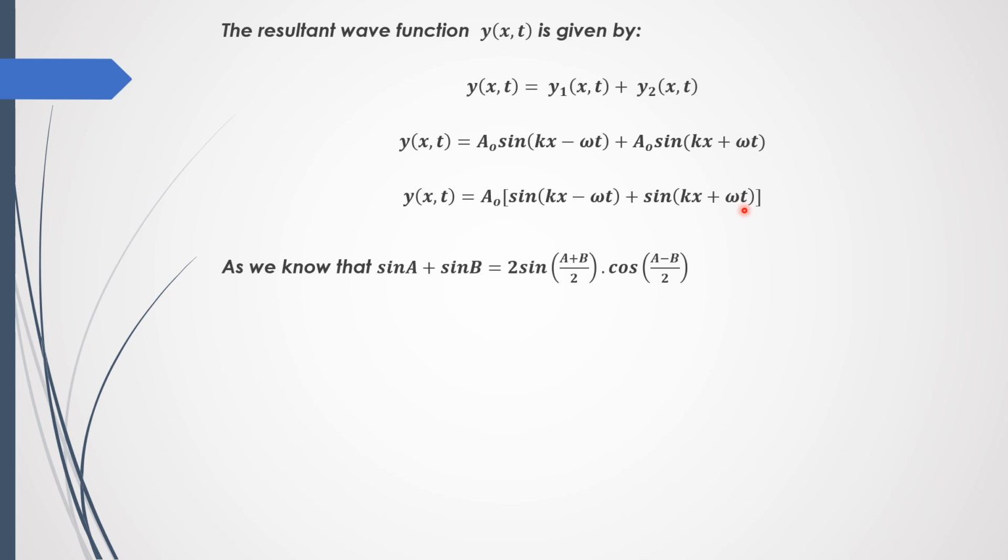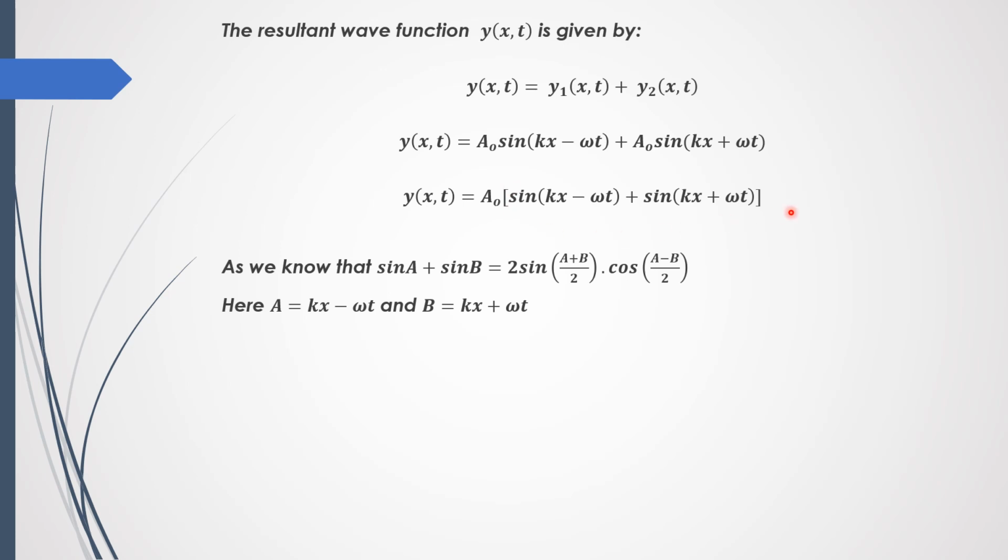This expression is similar to a trigonometric formula, sin A + sin B, and we know that sin A + sin B is equal to 2 sin((A+B)/2) cos((A-B)/2). So here A is equal to kx - ωt and B is equal to kx + ωt.